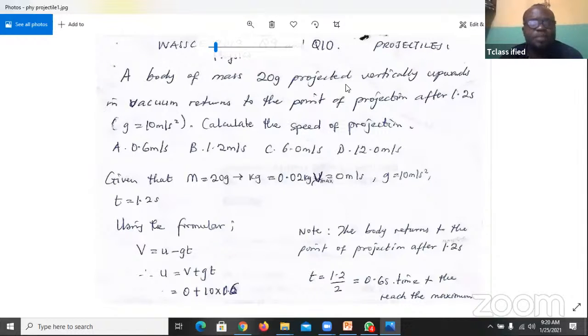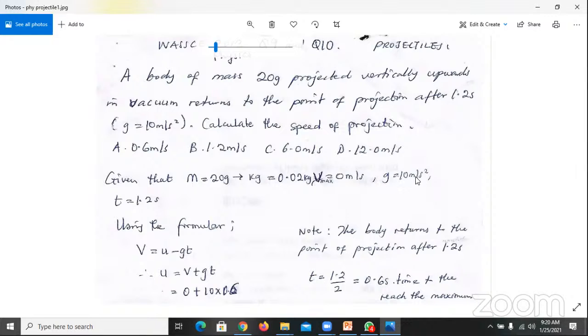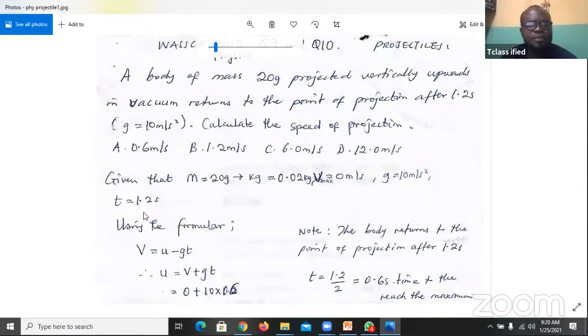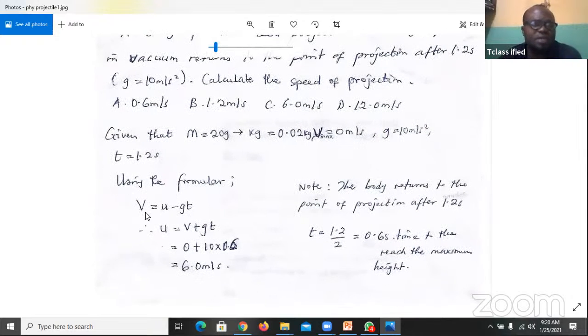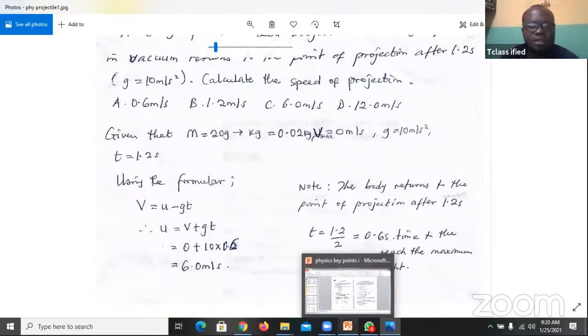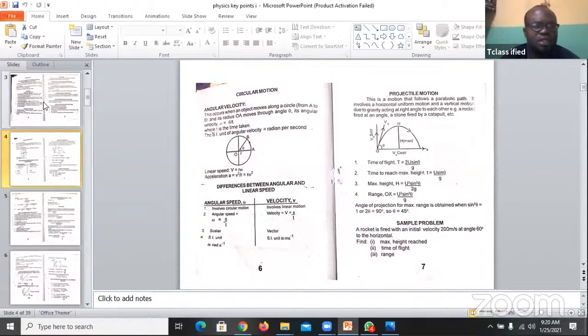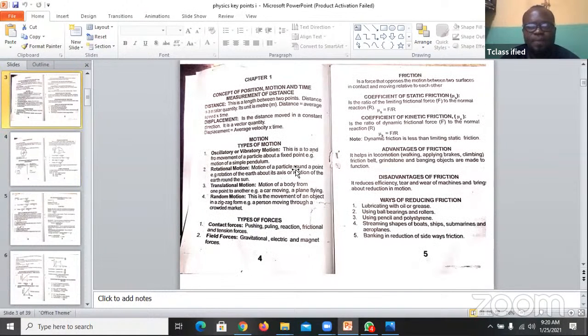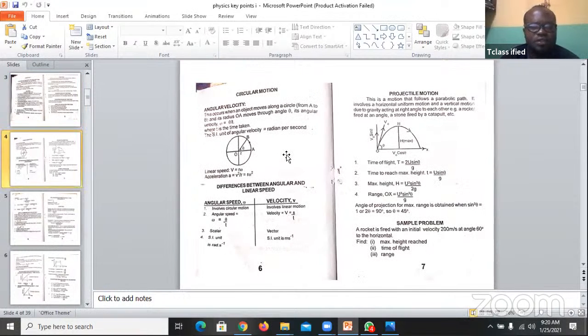Then if this body is projected upwards, it has to get to maximum height, and at maximum height, the velocity is 0. Also the acceleration due to gravity is already given as 10, and time is given as 1.2 seconds. So this is the formula that you're going to use, just like I gave in the formula here, which I already gave in the first one, when the motion is circular motion.